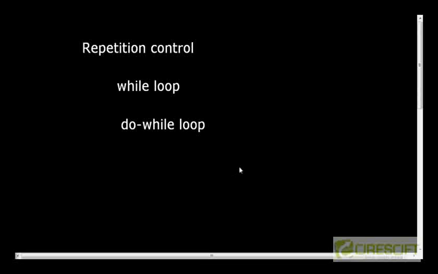Hello. In this video, we're going to talk about two iteration control mechanisms in Java, namely the while loop and the do-while loop. A while loop is a control mechanism where you evaluate a condition.